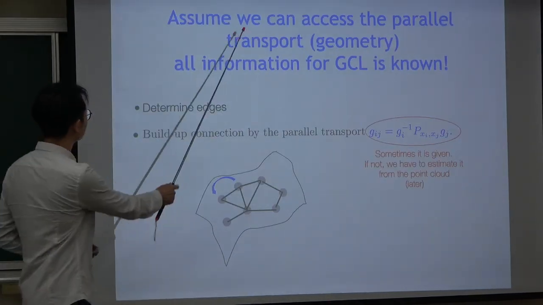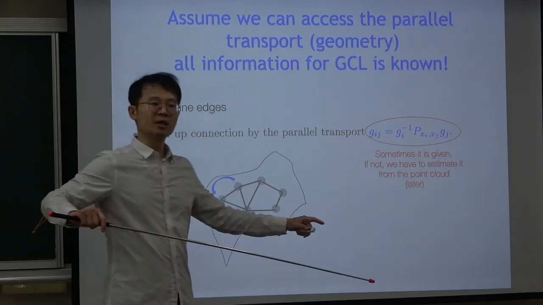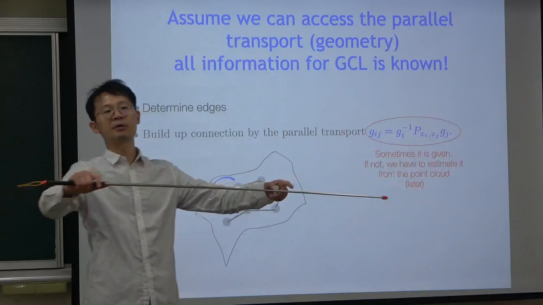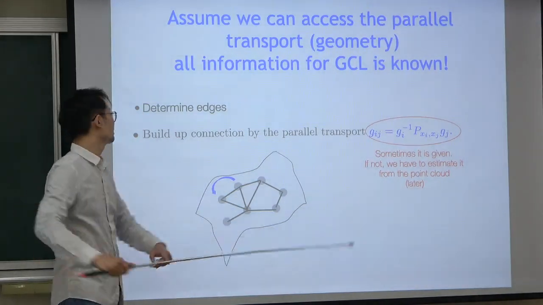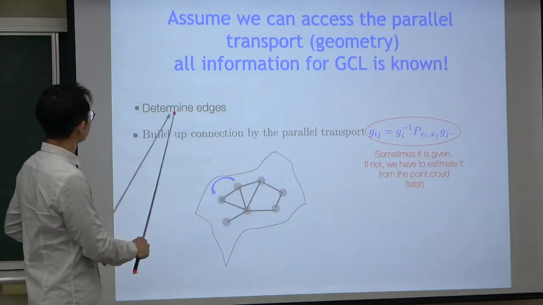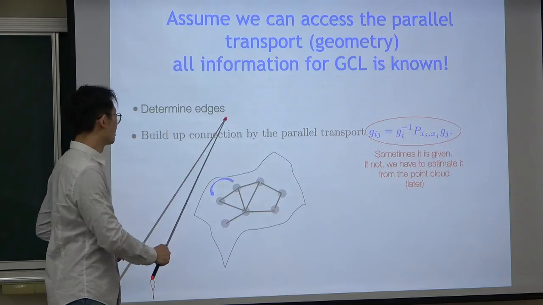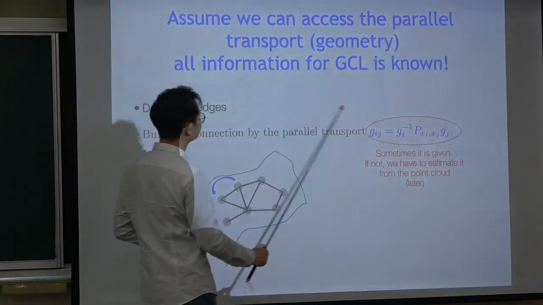The second assumption we had was, after you have the sample points and have discretized a vector field, then what can you do to find the relationship? You determine the edges just like before, and then you build up the connection by parallel transport.